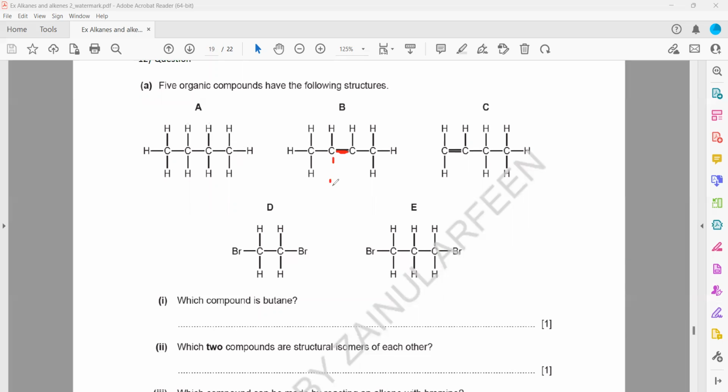The double bond will break, and bromine adds to the neighbors. Same thing if bromine adds to this one: the double bond will break, one bromine here and one bromine here. Always the bromine adds to the neighbors which have the double bond. It cannot be one on the first and one on the last with a carbon in between them. That is not the way a product forms when bromine reacts with alkene.